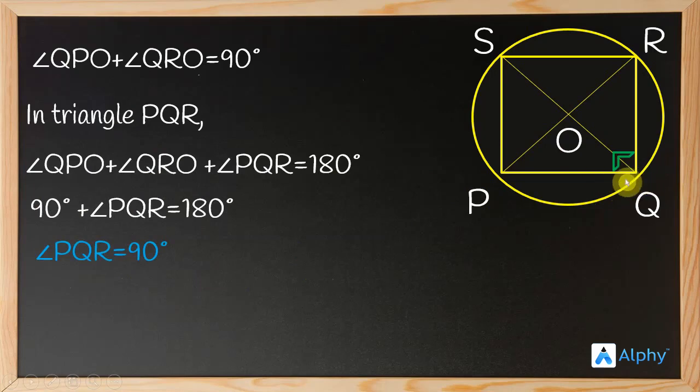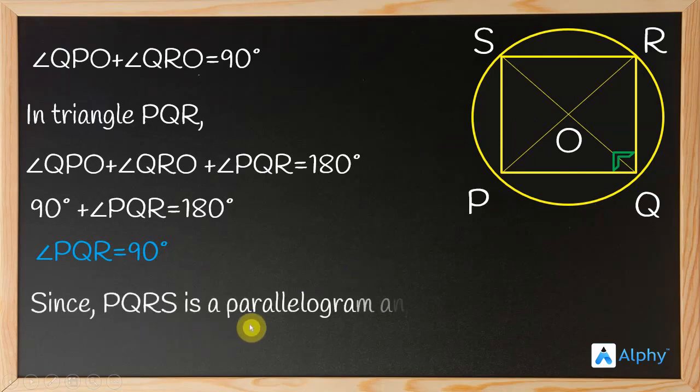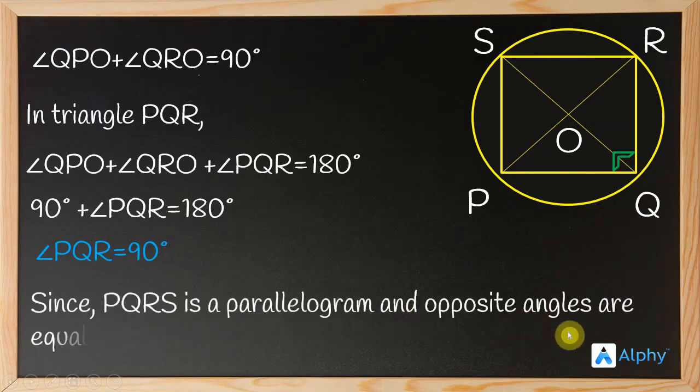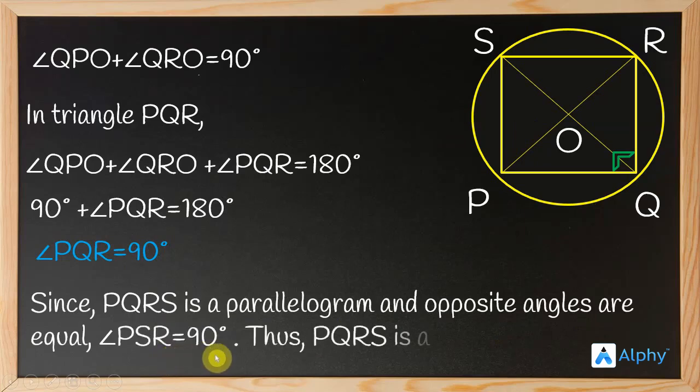And now what we get from here is that since this is already a parallelogram, PSR is also going to be 90 degrees. And when you consider the property of a parallelogram and you try to solve for the two missing angles, they will also come out to be 90 degrees. Since PQRS is a parallelogram and opposite angles are equal, angle PSR is 90 degrees and thus PQRS would be a rectangle.